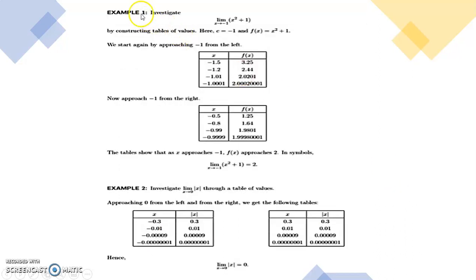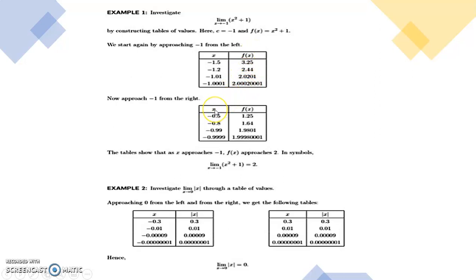Okay, so we have another example here. The limit of the quantity x squared plus 1 as x approaches negative 1. Using this table, as we approach negative 1 from its left, the value of f of x is approaching 2.